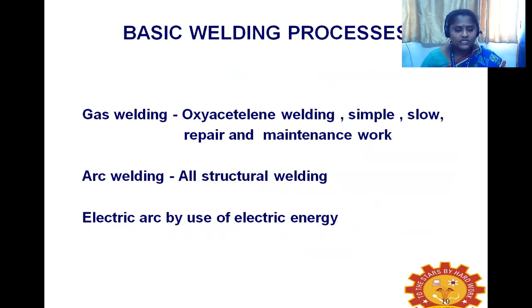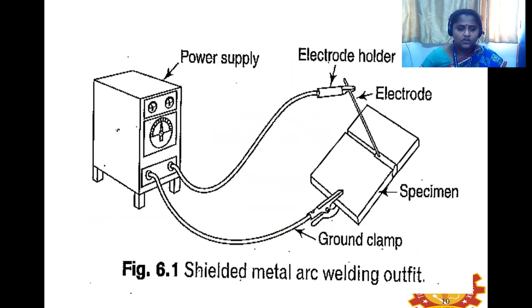The basic processes are gas welding and arc welding. Gas welding deals with oxyacetylene welding, for simple, slow repair and maintenance works. Arc welding is mainly used for all kinds of structural welding. In the picture you can easily see the process of metal arc welding.